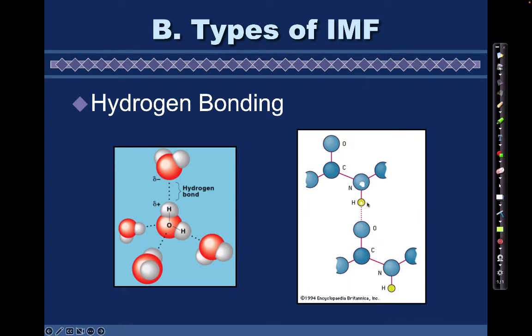So right here we've got this dashed line. That dashed line represents the intermolecular force. To decide if that's a hydrogen bond or not, you look at the hydrogen within the intermolecular force, and it should be directly covalently linked to an N, O, or F. Otherwise, it's not a hydrogen bond. So there's a force of attraction between this hydrogen and this oxygen.